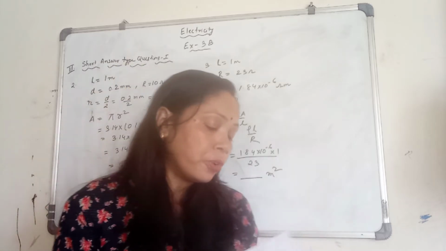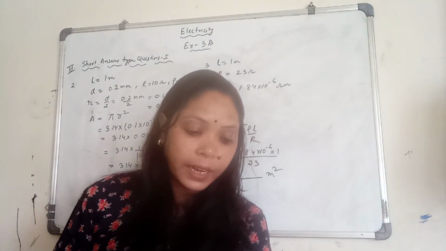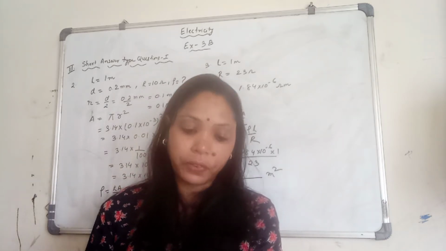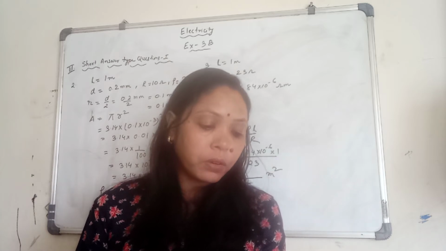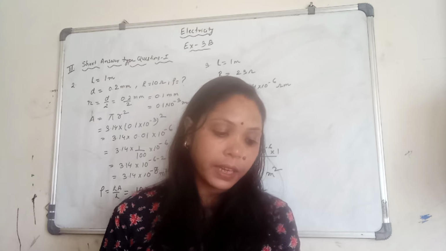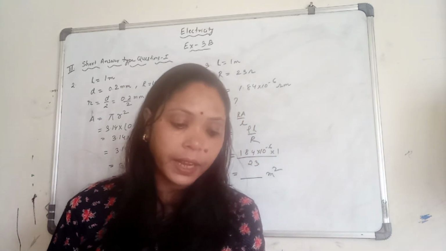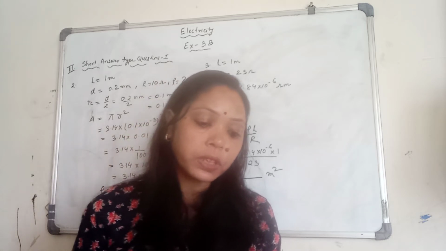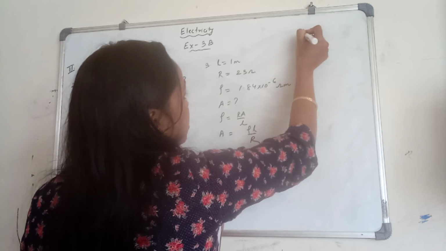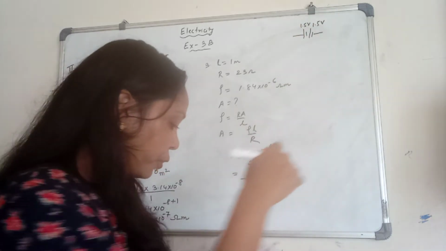Now question number 4. Draw a schematic diagram of an electric circuit consisting of a battery of 2 cells, each of 1.5 volt, 5 ohm, 10 ohm and 15 ohm resistors, and plug key, all connected in series. So you have to draw one circuit diagram where you have to show the battery with the 2 cells. Battery means like this. 2 cells, and each will be 1.5 volt.